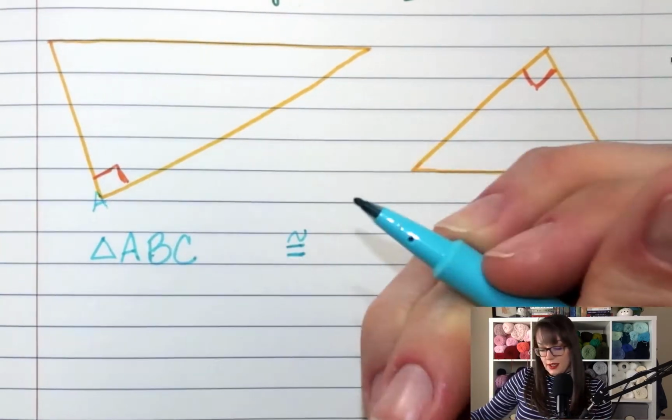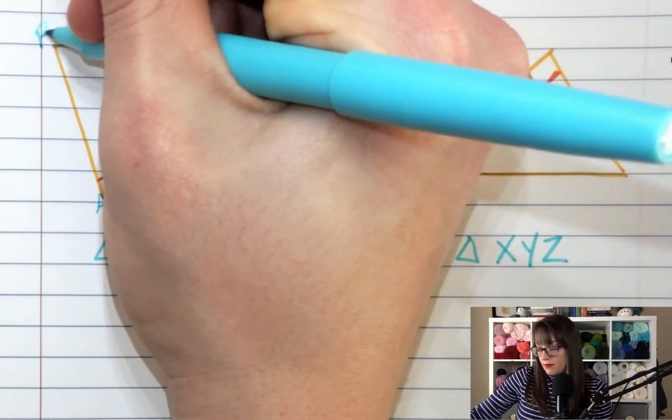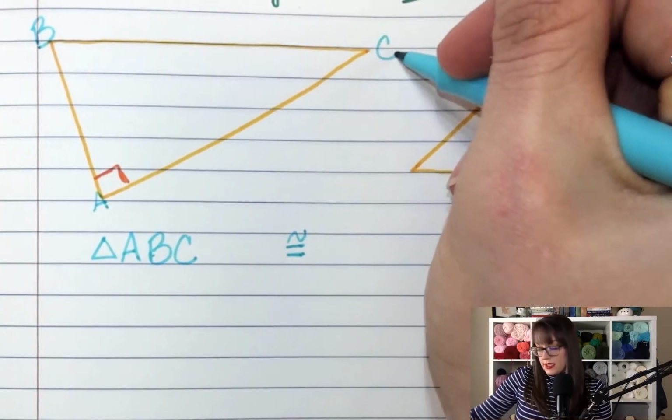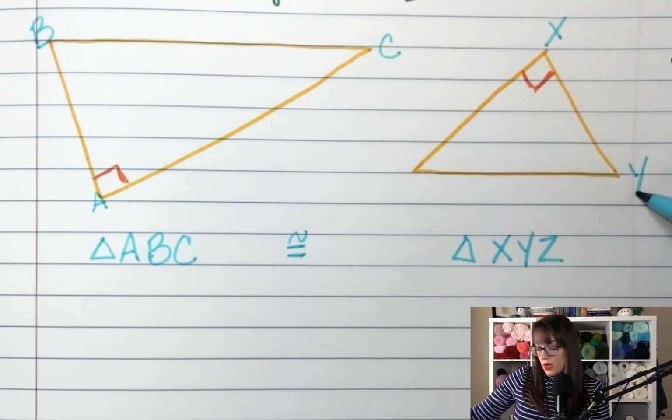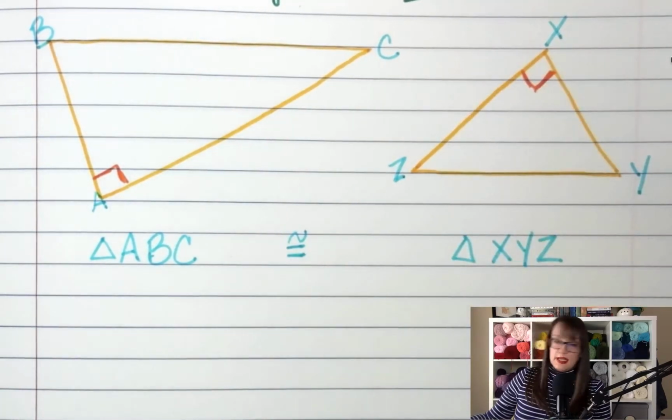So this is point A, this is point B, this is point C. And over here we've got X, Y, and Z.